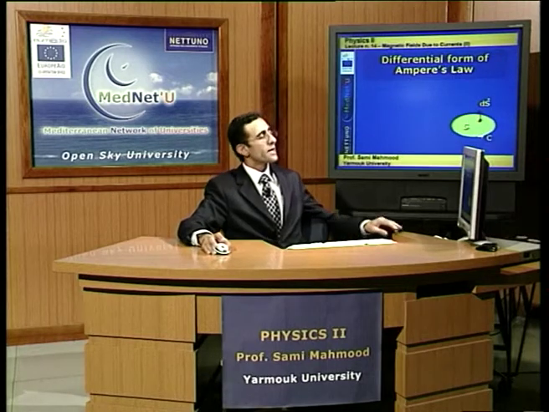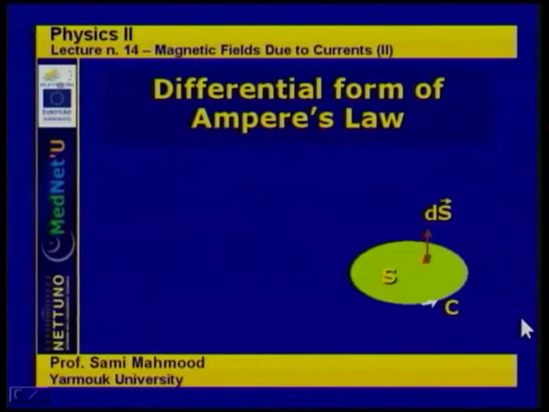If we consider a path C, and that path encloses an area in space, which is S, surface area S, we take a small element of that area, ds, and we keep in mind that this element of area has direction as well as magnitude.